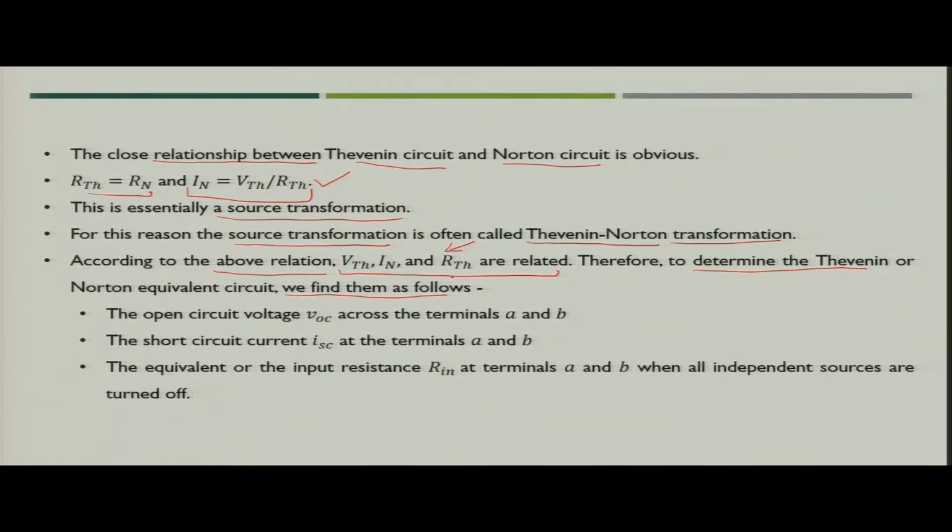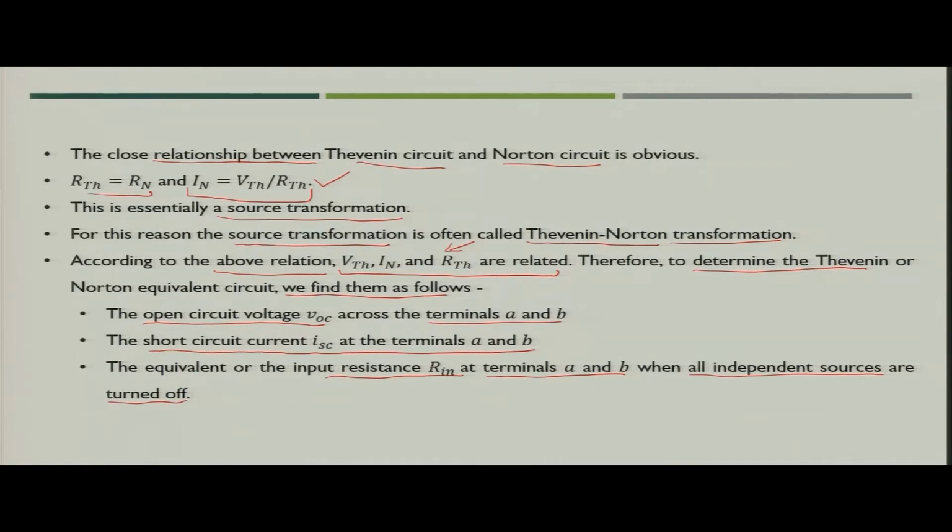What we generally do is find the open circuit voltage across the terminal AB, because in case of Thevenin voltage we have to find the open circuit voltage across terminal AB. We also need to find the short circuit current at terminal AB, which is required to find the Norton's equivalent, and then the input resistance seen through terminals A and B when all independent sources are turned off.